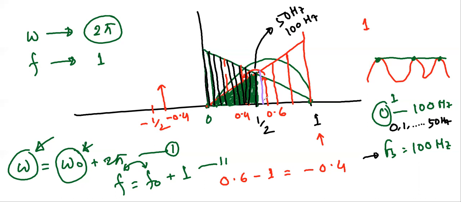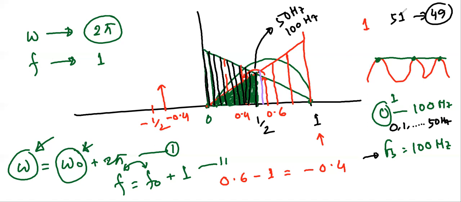Yes. Can you tell me what the problem is? So it becomes 49 hertz. Yes, of course. Thank you for your answer. 51 hertz becomes 49 hertz. From the diagram, you can understand.